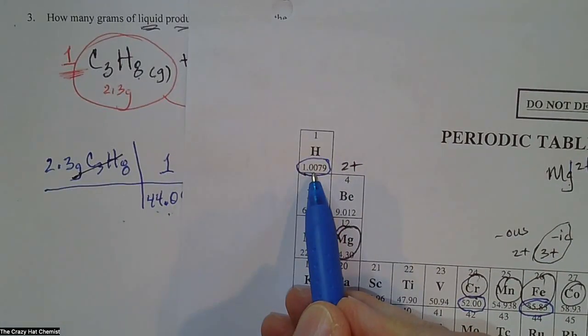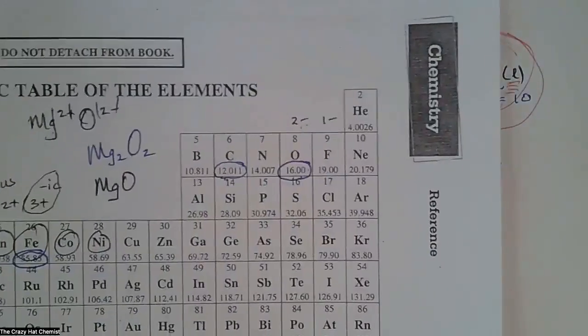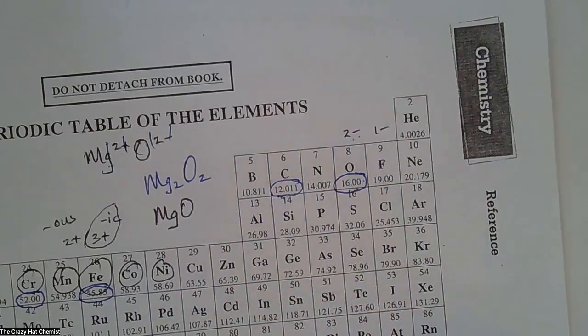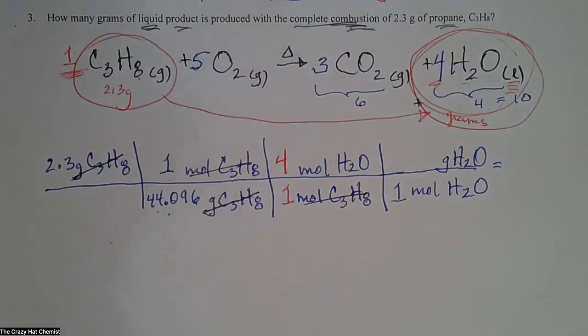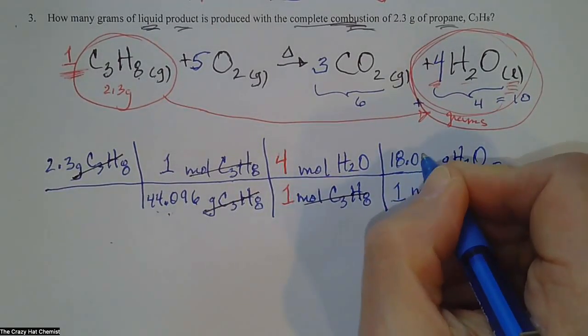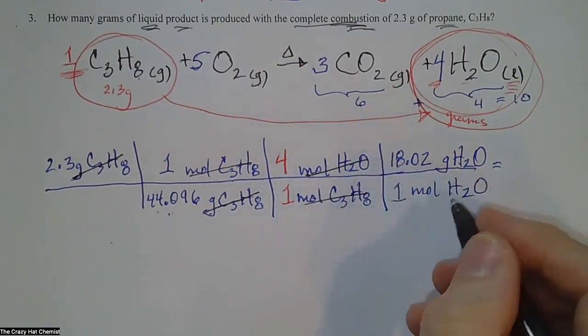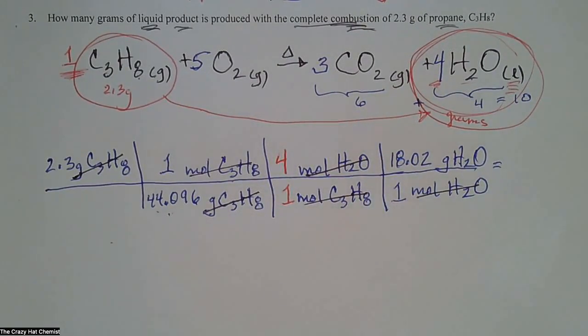And then hydrogen, 1.0079, multiply that by 2. I'm going to round that summed answer to 2 decimal places because oxygen has 2 decimal places. So I'm going to have 18.02. All right, and then that will enable me to cancel out the moles of the water just like that.